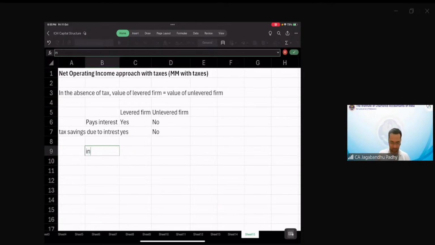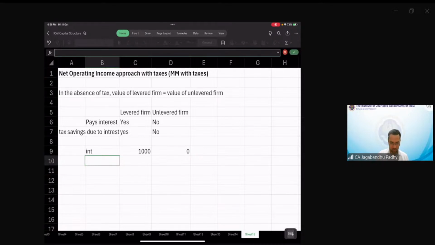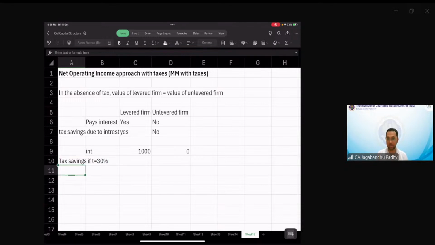So, for example, interest is let's say 1,000 rupees. For the unlevered firm, it is going to be 0. What will be the tax saving if the tax rate is, let's say, 30%?